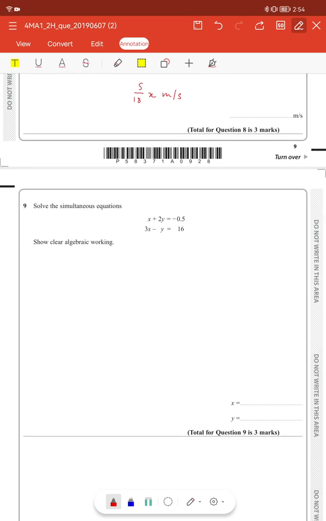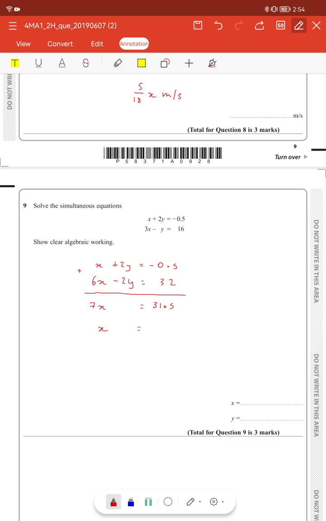Solve the simultaneous equations. So we're going to first multiply the second equation by 2. So we get x plus 2y equals minus 0.5, and 6x minus 2y equals 32. I'm going to add these two equations together, which will give me 7x is equal to 31.5.